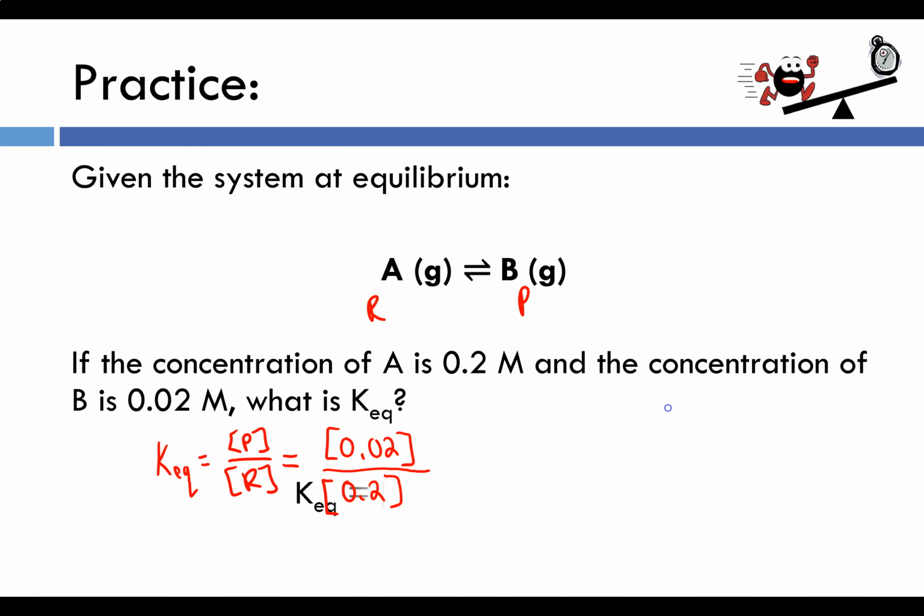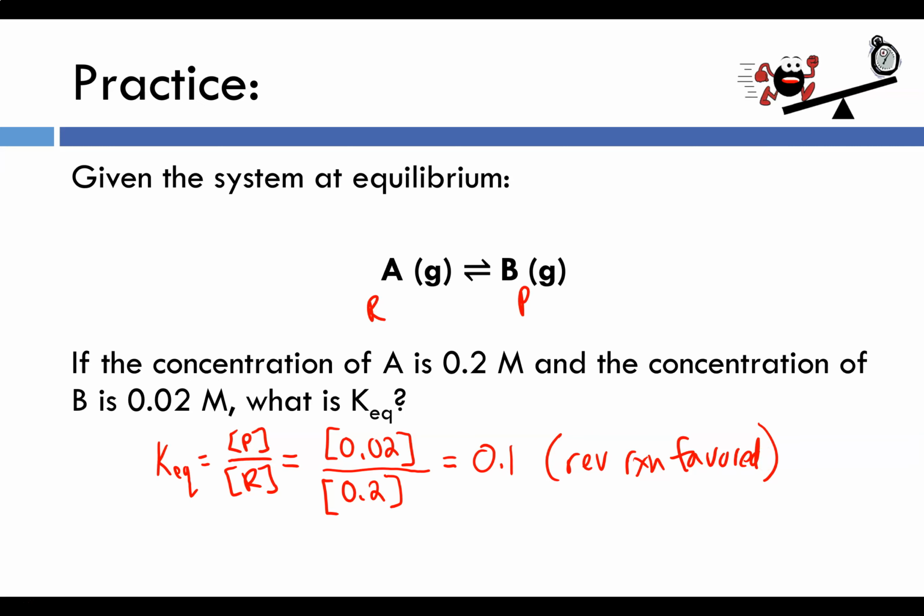We'll go ahead and do it. Keq is equal to 0.1. That means the reverse reaction was favored. And we know that because there are more reactants than there are products at equilibrium.